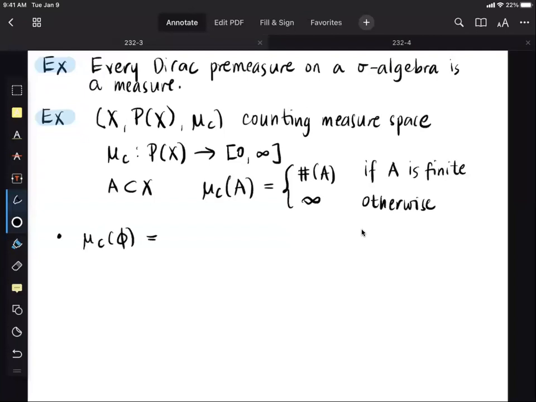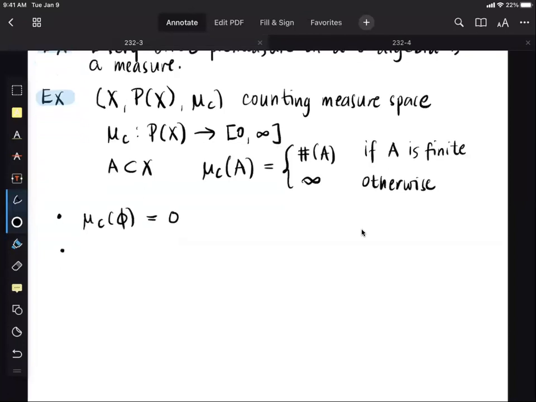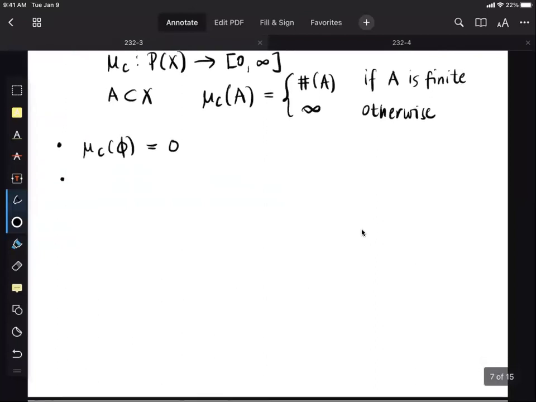The empty set has no element, therefore mu c of the empty set is equal to 0. Next, we need to show that mu c is sigma additive.